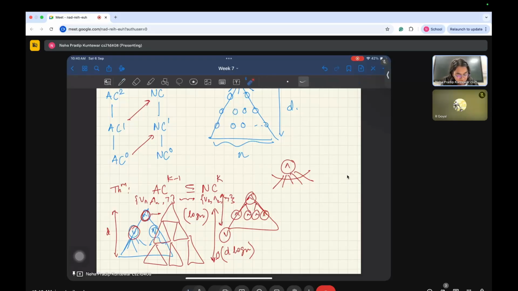So this is what I was drawing earlier, that this is the unbounded fan-in circuit, and we're going to replace each gate with a tree which increases the height by some factor. So the height of this new tree is going to be L times D, where D is the original height, but D for us is log to the K minus 1.